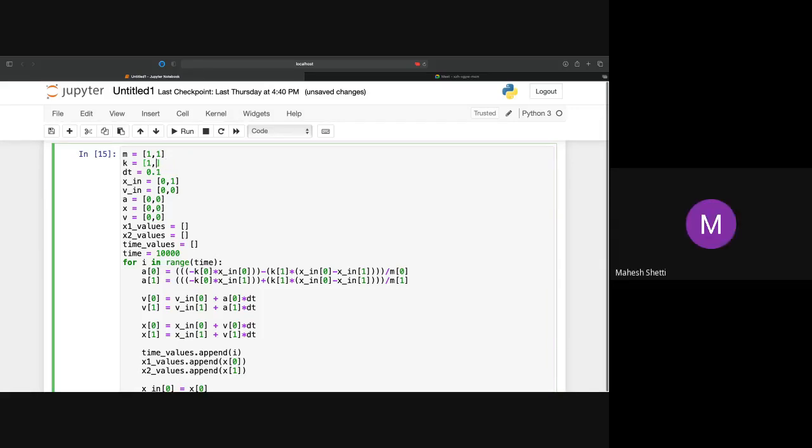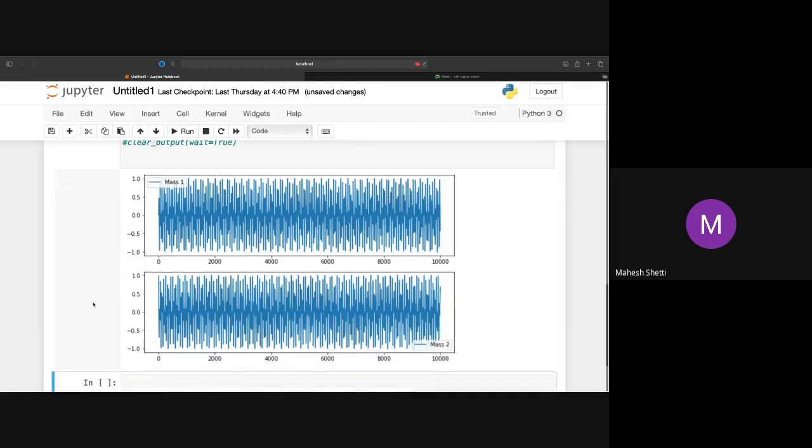Can you make k1? Okay, so can we overplot that? So don't make it 10,000. Make it 5,000. See what happens.